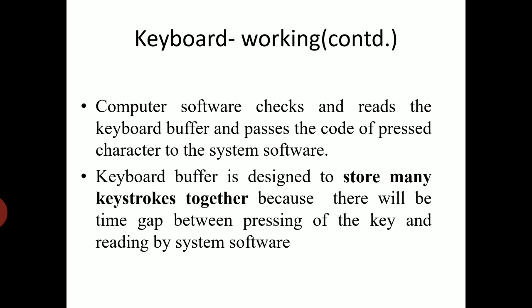The processing by the software and the typing may not be in sequence, or you can say that there will be some time gap between the typing and the processing. So when you press so many letters, all these codes will be stored in the keyboard buffer. That is, the keyboard buffer can store multiple data, that is, the codes of multiple keys.